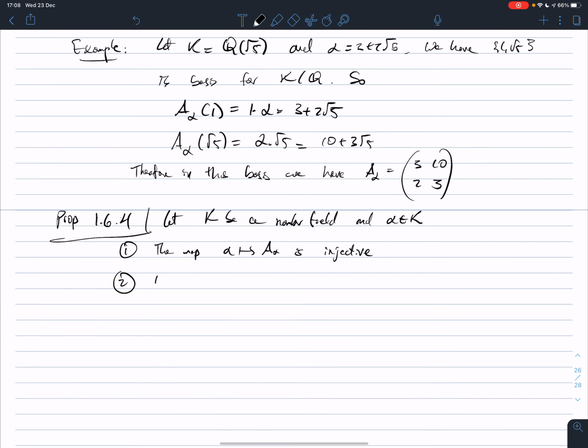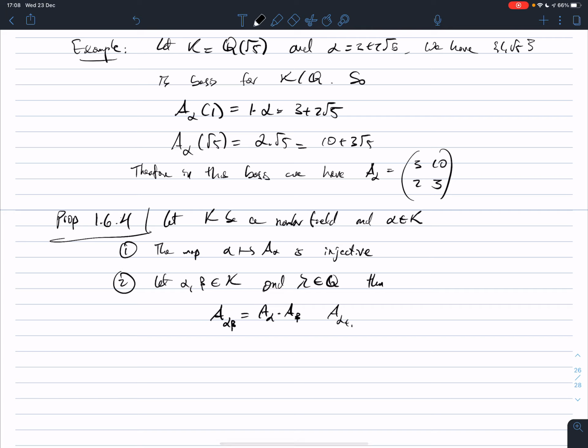Two, if I let alpha and beta be in K and lambda some rational number, then A alpha beta is the same thing as A alpha times A beta.